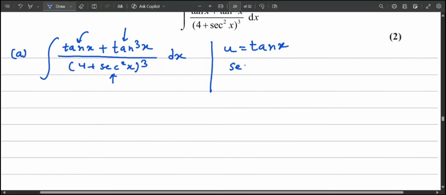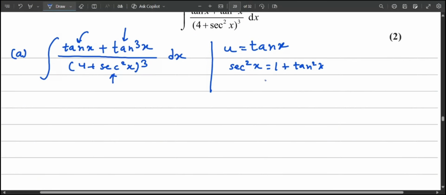We know an identity that sec square x is equal to 1 plus tan square x. We know of this identity.